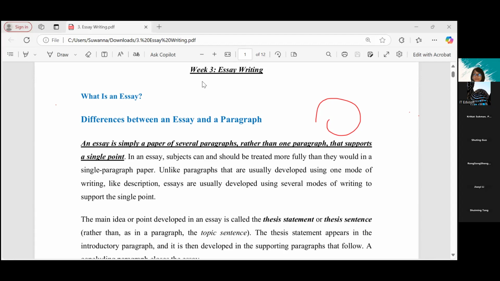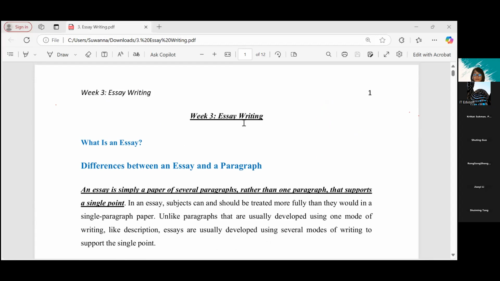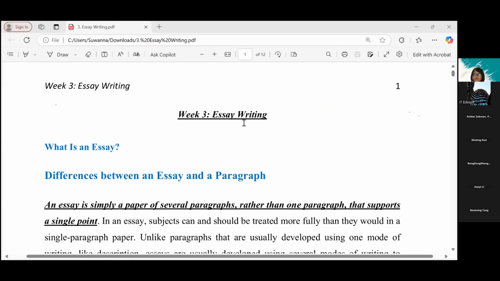So basically, today we will take a look at essay writing, which is, in my opinion, the foundation of all academic writing, especially at this level.